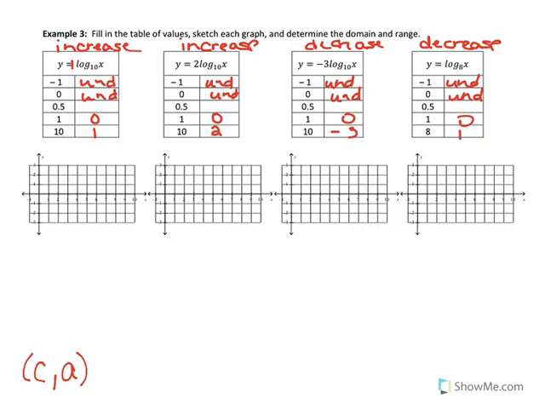What I know about my 0.5 here is that it's going to be a negative number. It goes small and then it's getting bigger because it is increasing. And because it's decreasing, these are going to be positive numbers. Oops, the last one's increasing too. Why did I put decreasing?